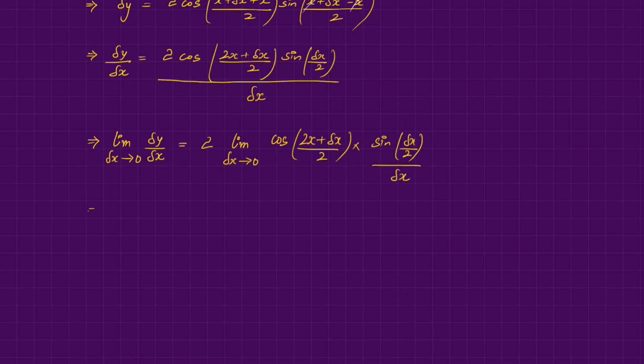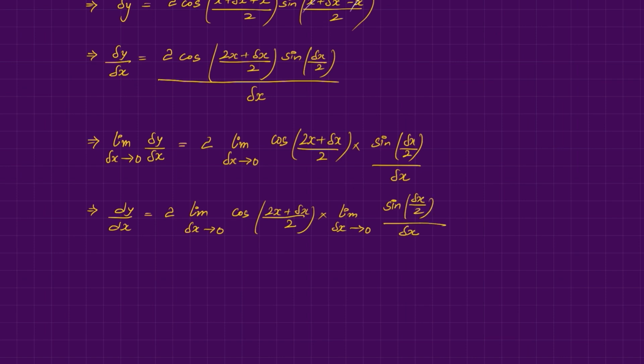On the left hand side we have dy over dx equals 2 limit delta x tends to 0 cos of (2x plus delta x) over 2, into limit delta x tends to 0 sin of (delta x over 2) by delta x.